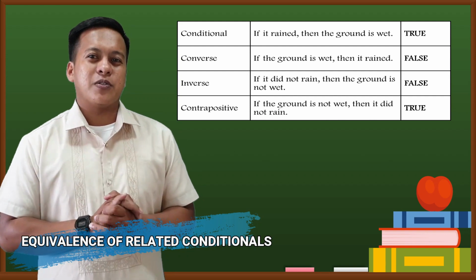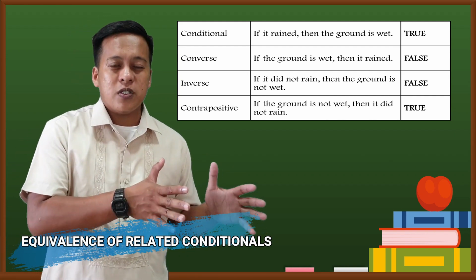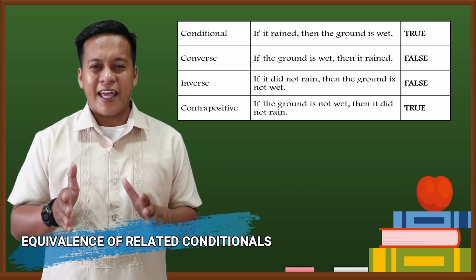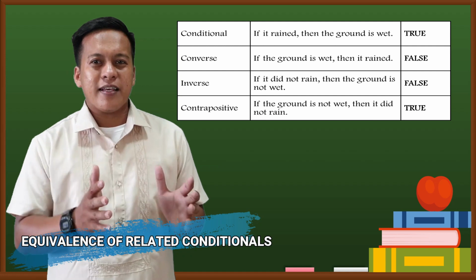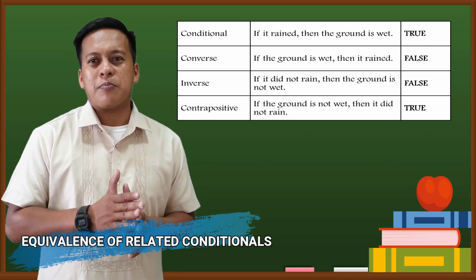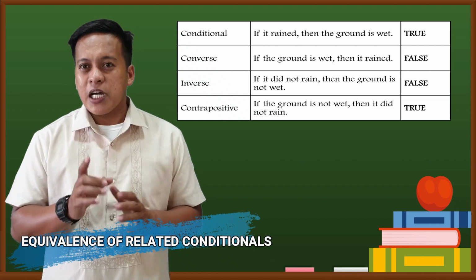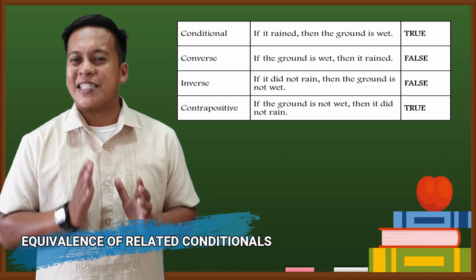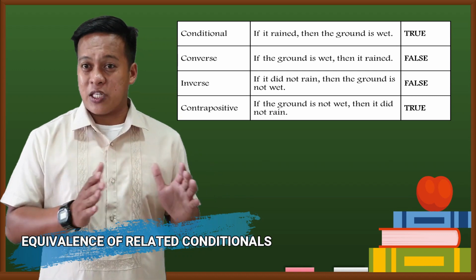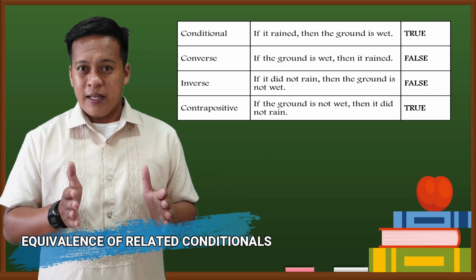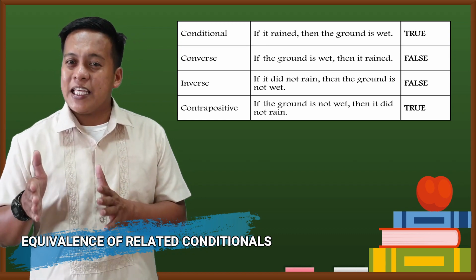What about the converse? If the ground is wet, then it rained. Let us examine if the statement is true or false. Again, assume that the hypothesis, the ground is wet, is true. Does it mean that the conclusion, it rained, is also true?